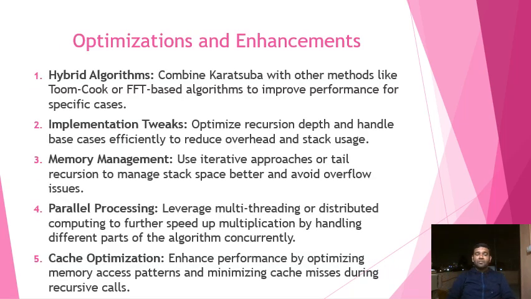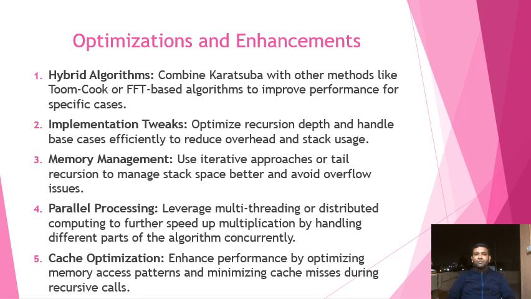Optimizations and enhancements. Hybrid algorithms combine Karatsuba with other methods like Toom-Cook or FFT-based algorithms to improve performance for specific cases. Implementation tweaks optimize recursion depth and handle base cases efficiently to reduce overhead and stack usage.